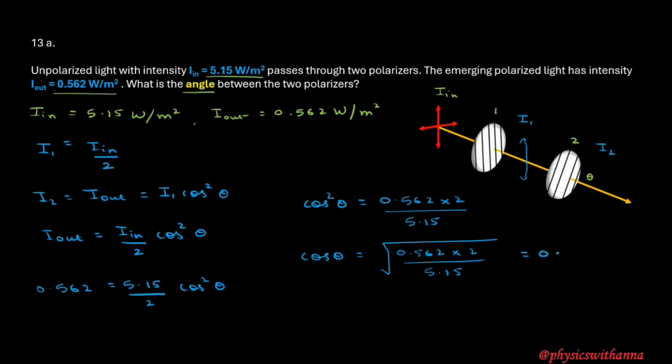That gives you 0.467. I want to find the angle theta, so we will take cosine inverse of this term. So theta will become equal to cosine inverse of 0.467, which is 62.16 degrees. So this is the angle theta between the two polarizers.